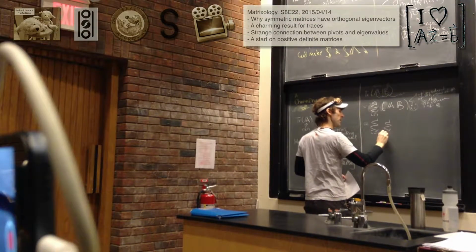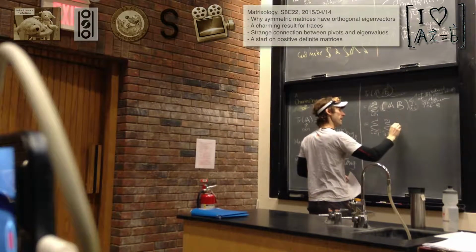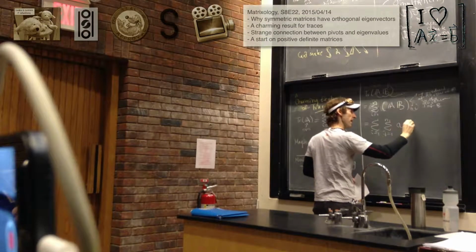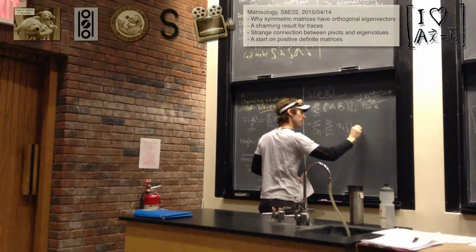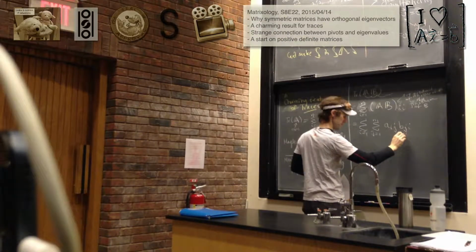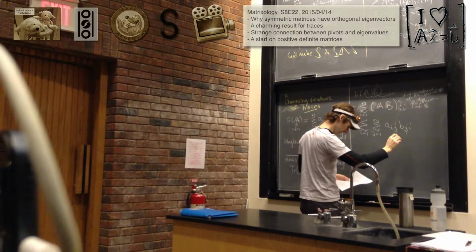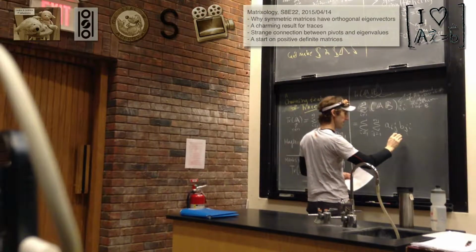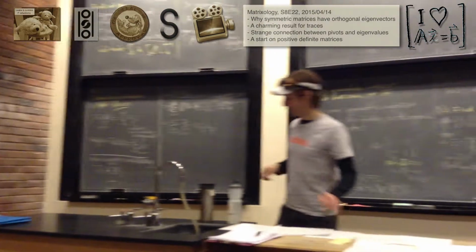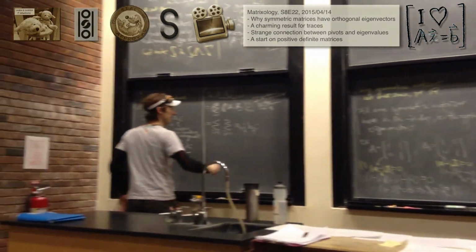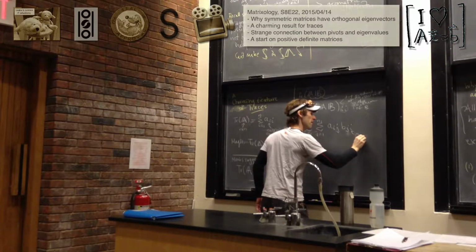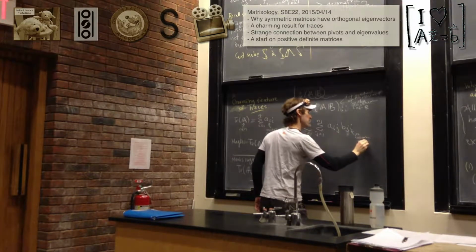Sum j equals 1 to n, and so it's going to be a_ij times b_ji.